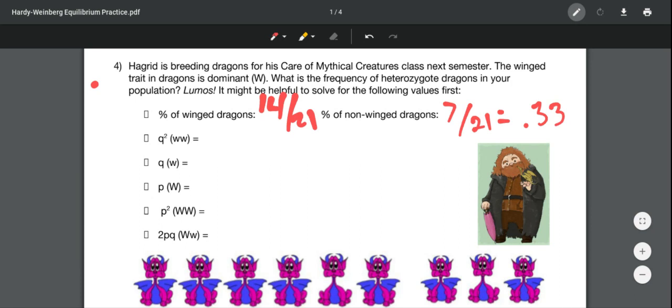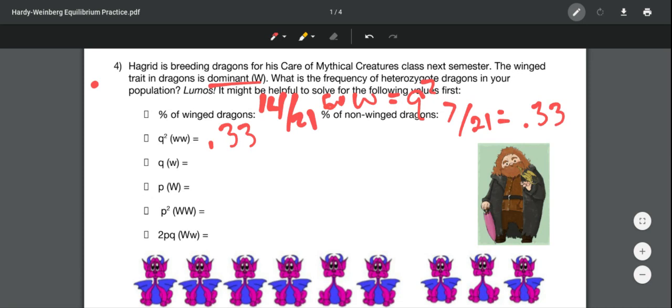Since the winged allele is dominant, we know that the non-winged ones have to be little w, which we also know is Q squared. So just by doing the first step and counting them, we've already figured out the first part. We know that Q squared is equal to 0.33, right? So that was done nice and easy.